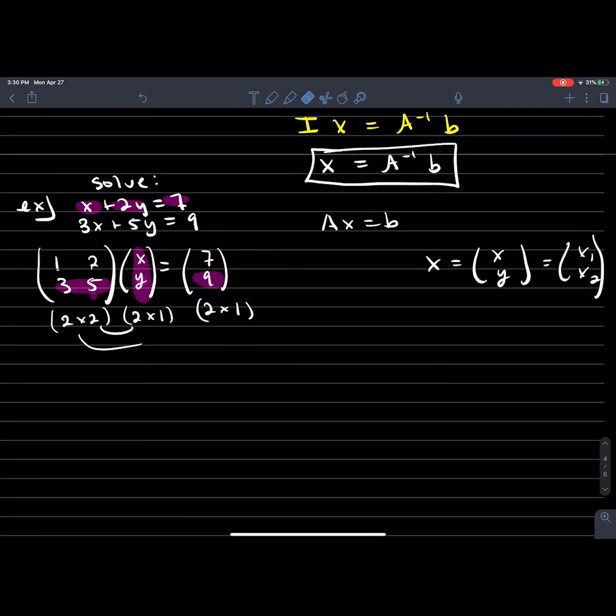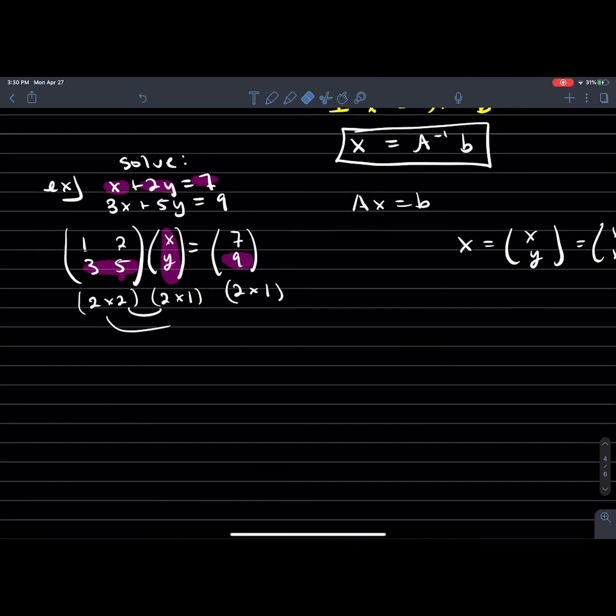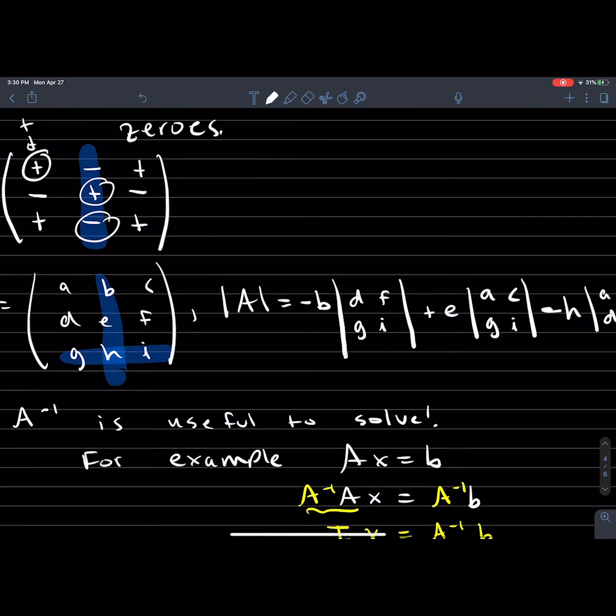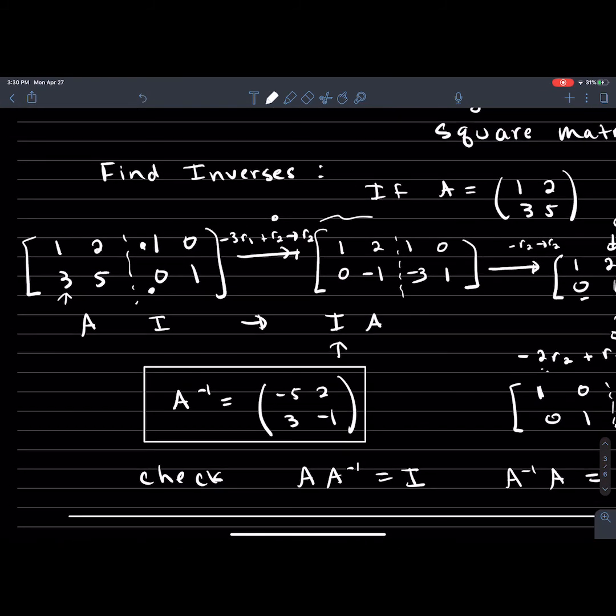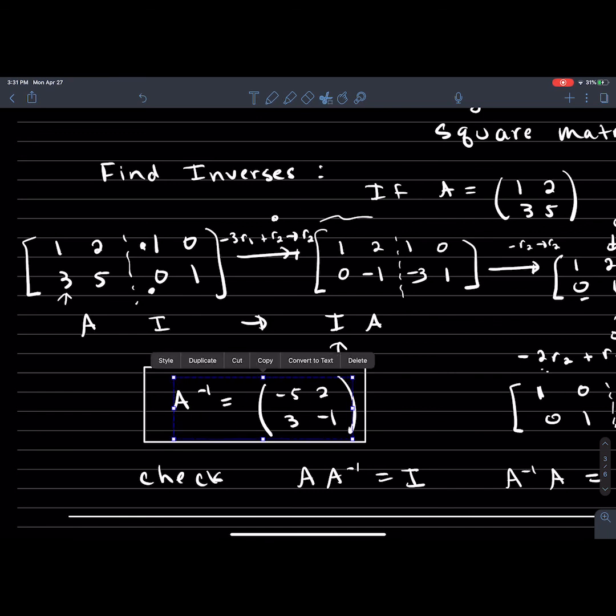And what I want to do is find, if my A is 1, 2, 3, 5, do we have A inverse? I think that's the matrix we had up here. So let's go look. Yeah, 1, 2, 3, 5 was our A. And so I'm just going to cut and paste this.